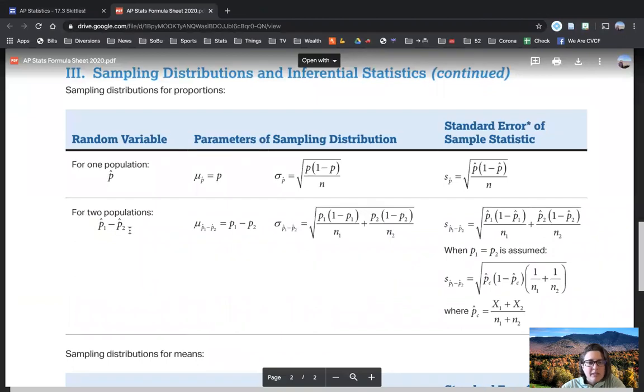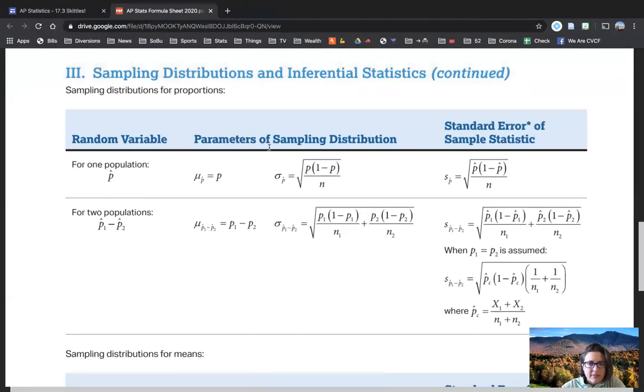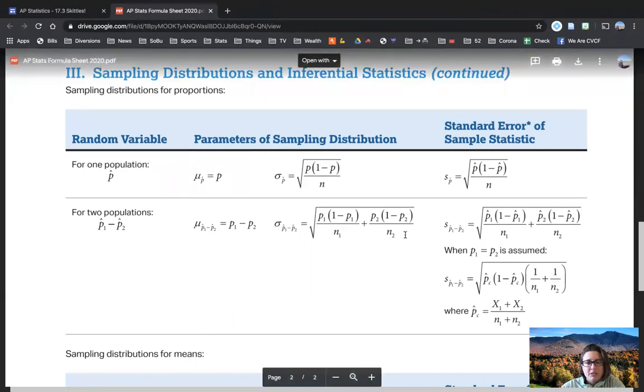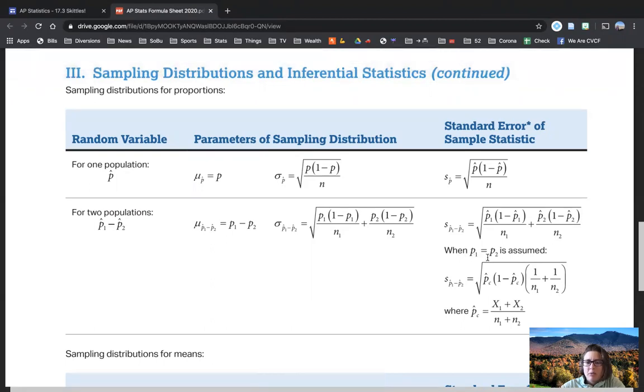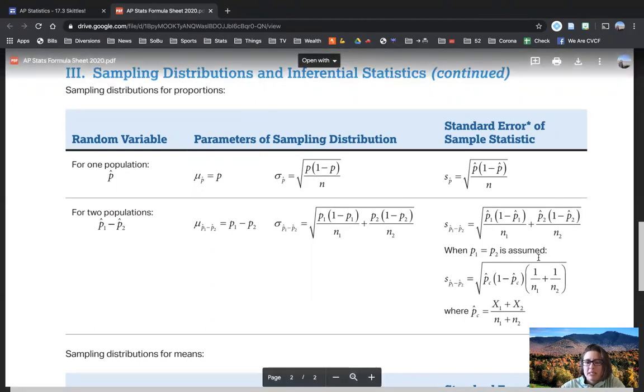For two populations, we have this P1 minus P2 thing. The parameters of the sampling distribution, so that would be for the population. If you knew the population, then this is the formula that you would use. If you need the standard error, this formula right here, that should look very familiar. That's the one we just derived. This down here, when P1 equals P2 is assumed, is something kind of interesting, and we'll get to that later.